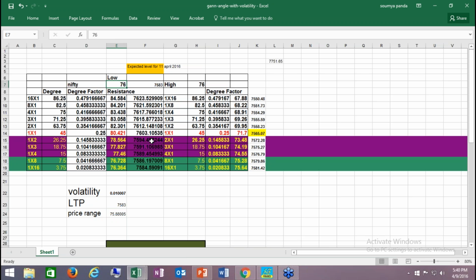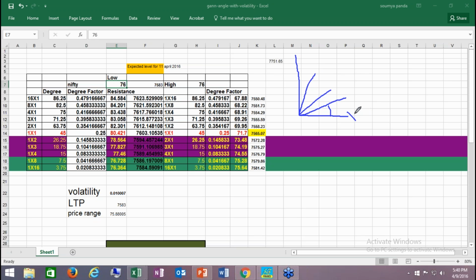I am multiplying it with all the degree factors. Where does the degree factor come from? WD Gann's principle tells that you have 11 trend lines. These 11 trend lines make different angles with the x-axis.